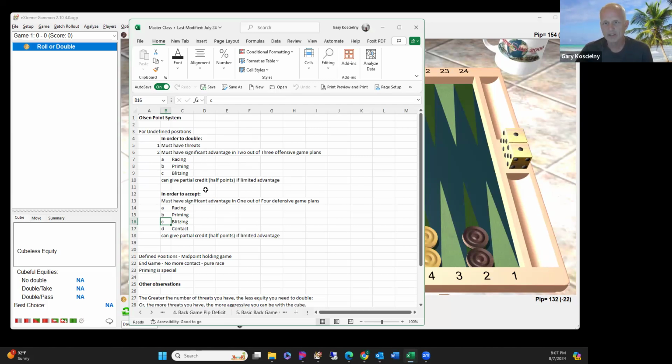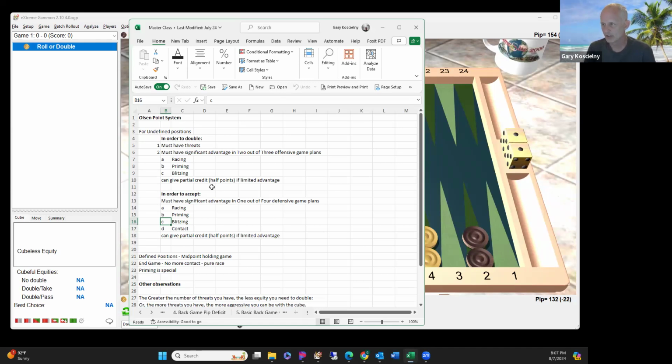Now, in order to accept, which we haven't gotten to yet, we may get to that tonight, there's a third or fourth consideration, and you have to have an advantage in one of the game plans, either priming, racing, blitzing, but the additional one is contact.